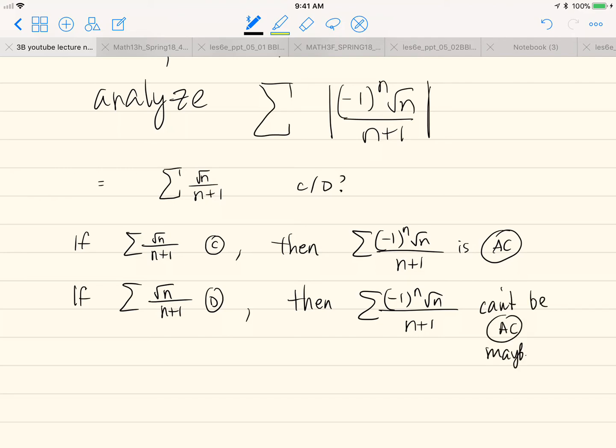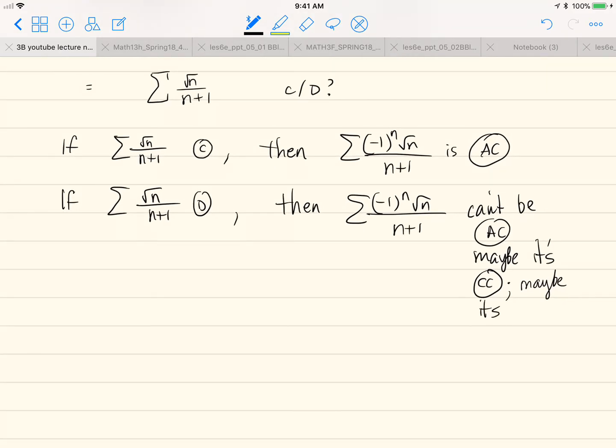Maybe it's conditionally convergent. Maybe it is divergent. So we're essentially trying to figure out if we can eliminate absolutely convergent as an option.